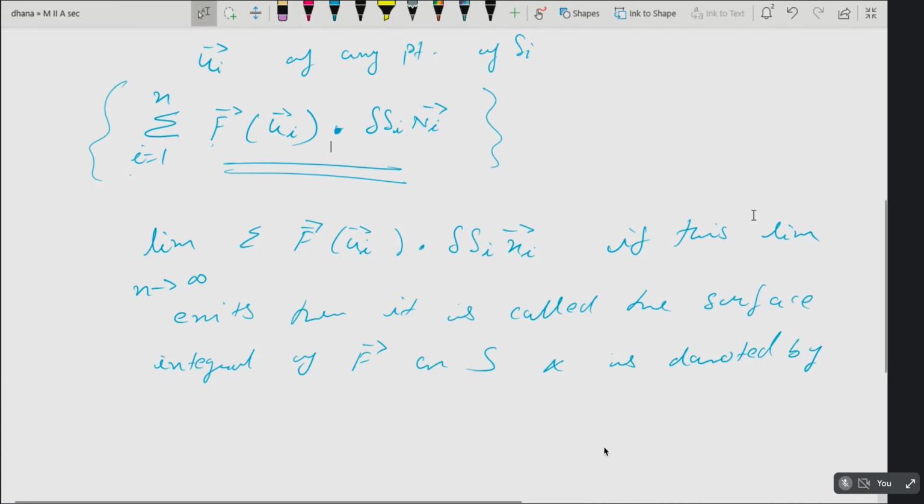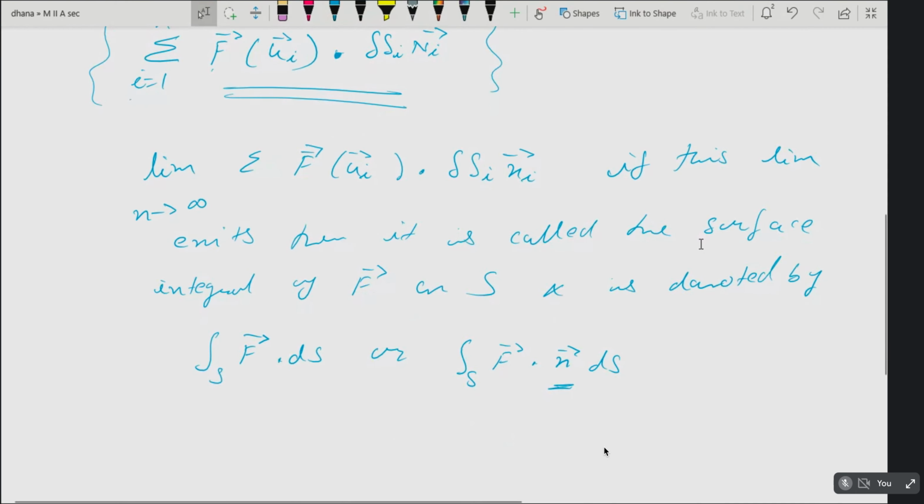So this limit, if it exists, is called the surface integral of the vector point function f bar on S, and you will denote it as surface integral over S of f bar dot ds, or you can write it as surface integral over S of f bar dot n bar ds, where this n bar is the outward unit normal vector to the surface.